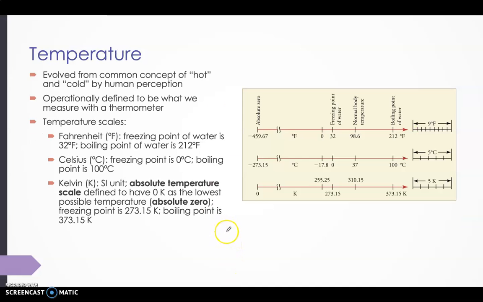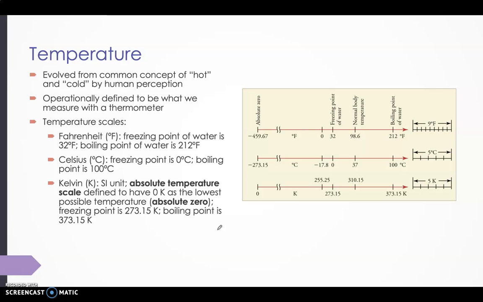So temperature came from the concept of hot and cold, and that's by our perspective, okay? And what we have defined it as now is a measure with a thermometer. So whatever we measure with a thermometer, that is defined as temperature.